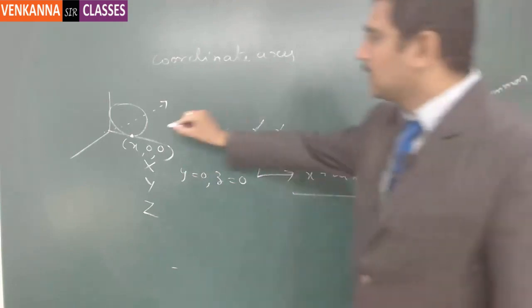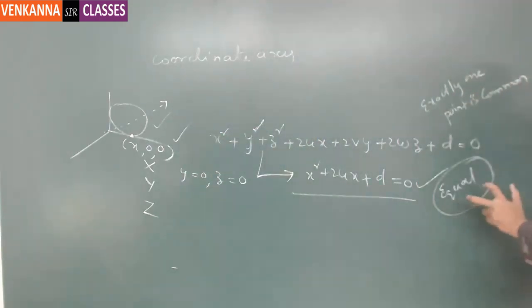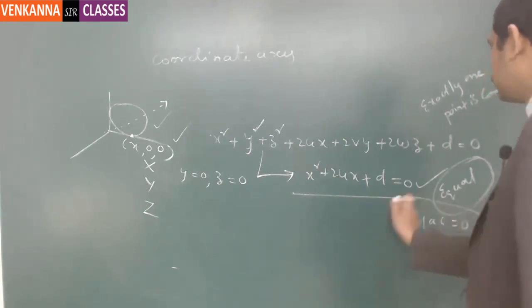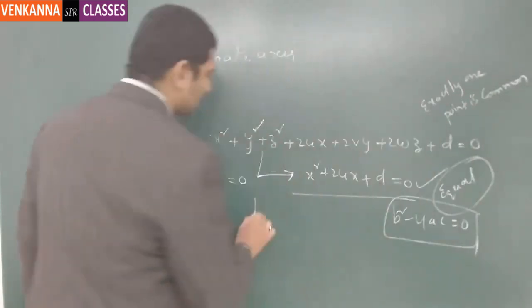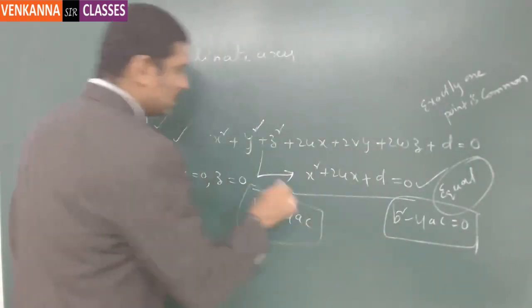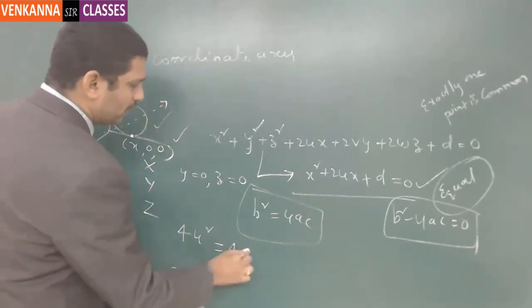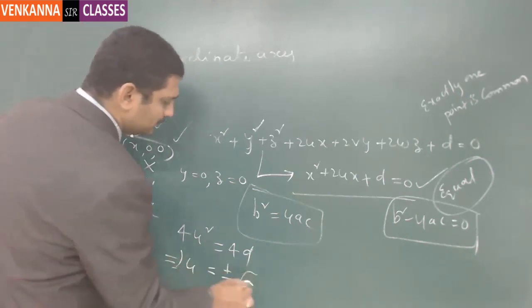For the sphere and the axis, whenever roots are equal, we say that the discriminant is equal to 0. The concept b square minus 4ac equal to 0 we will use. So you can say b square is equal to 4ac. Substituting that, you will get 4u square is equal to 4d, which implies that u is equal to plus or minus root d.